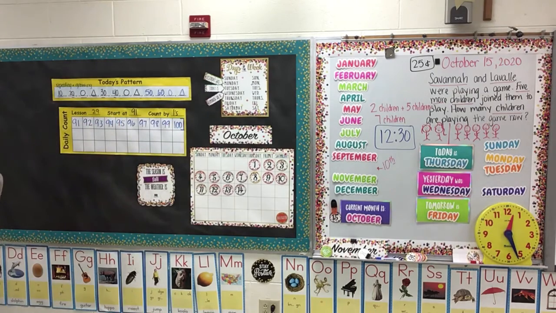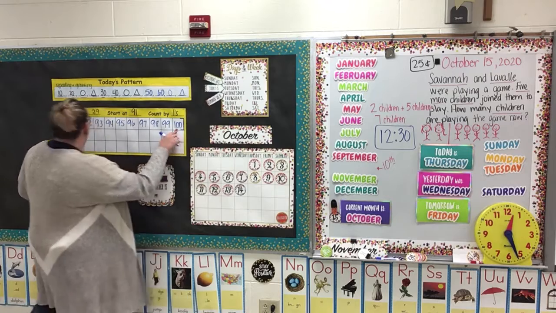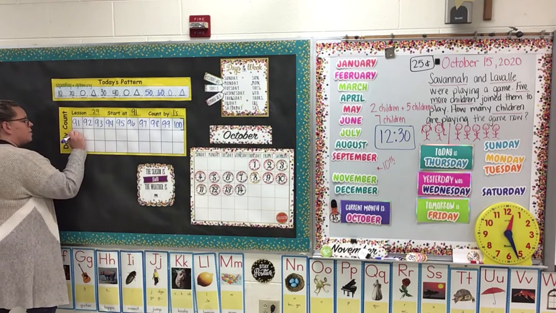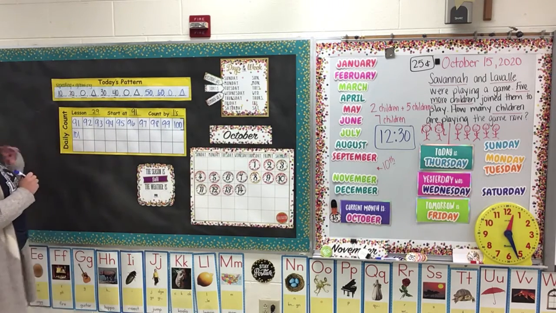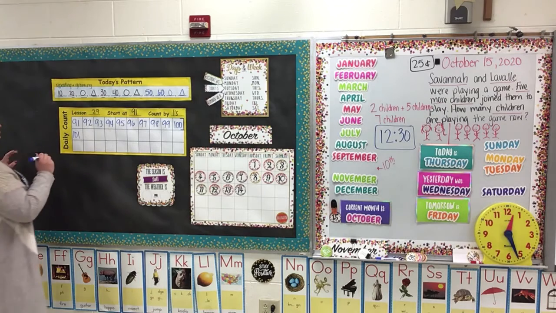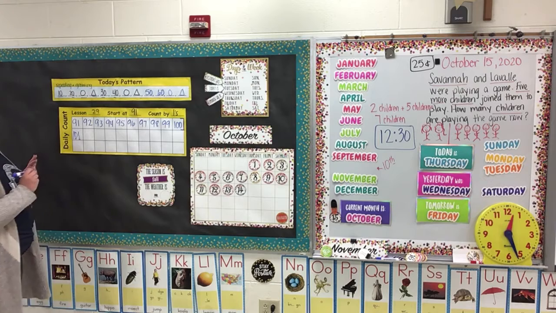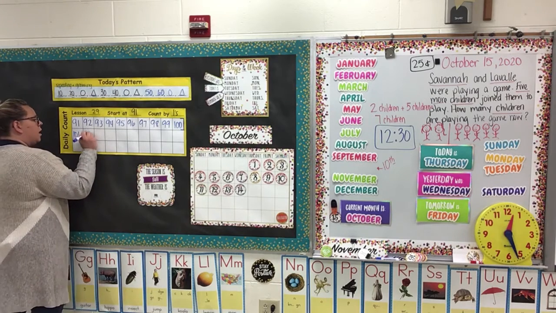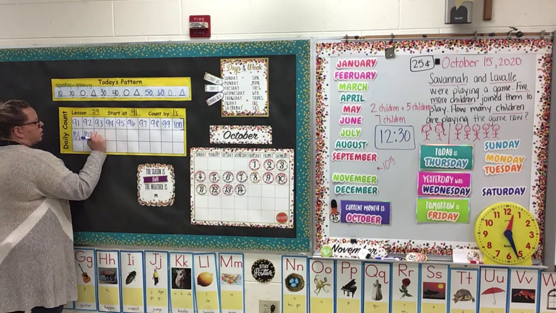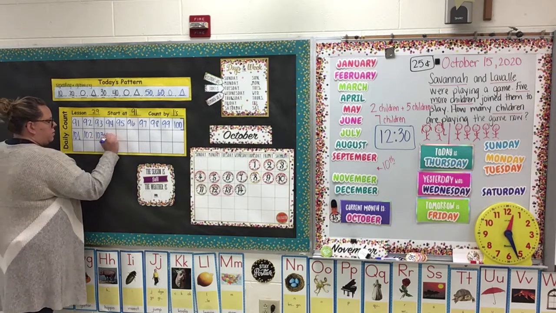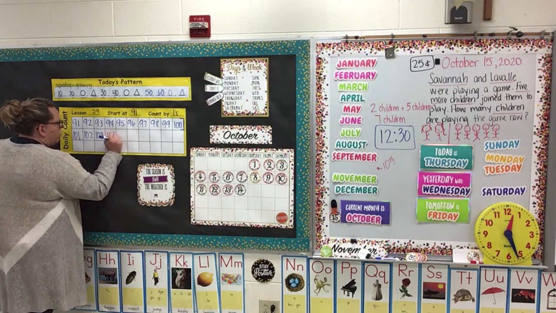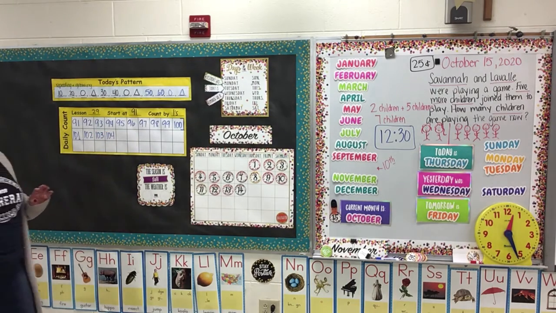Yep, you should have had 100. Now if I go to my next row, I have to start with 101. 101, 102, 103, 104. Now it's your turn.